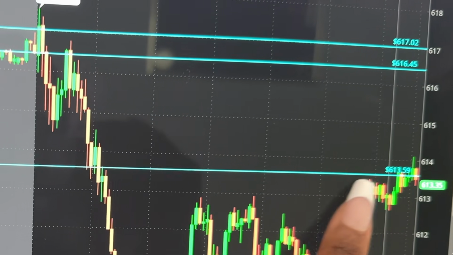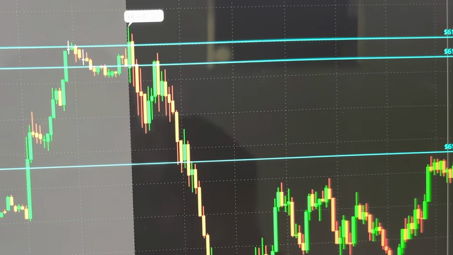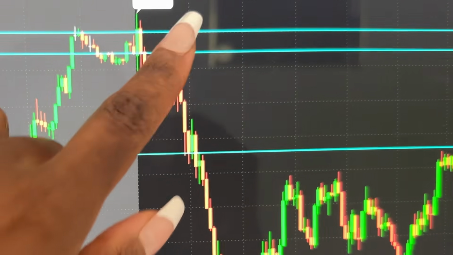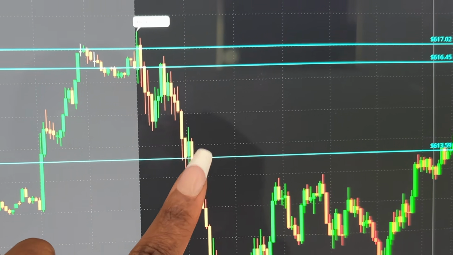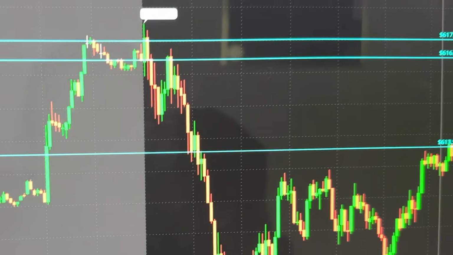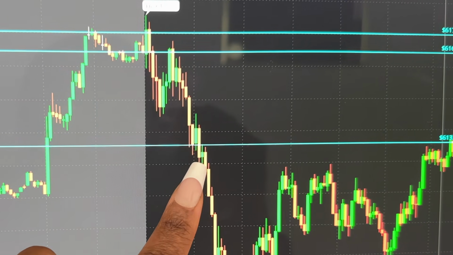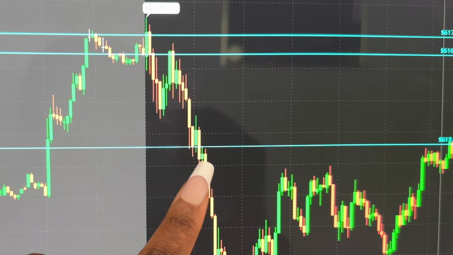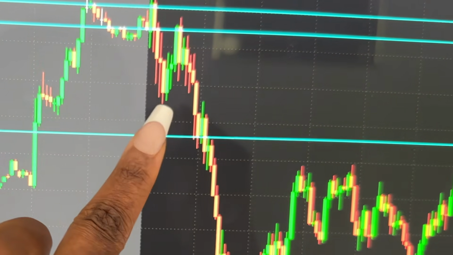This specific price level right here, this 613.59, again, another one that activated full understanding that this is going to be a clear rejection, because even though this is a bullish candle right here, it meant not too much to me, simply because the next candle that followed it had a stronger body, and we can see how the pressure was to the downside. So I hope that makes sense. And then essentially from there, it's really just about riding the wave.